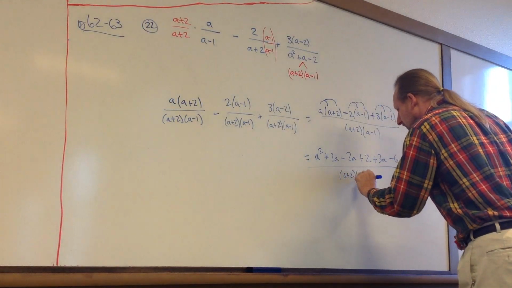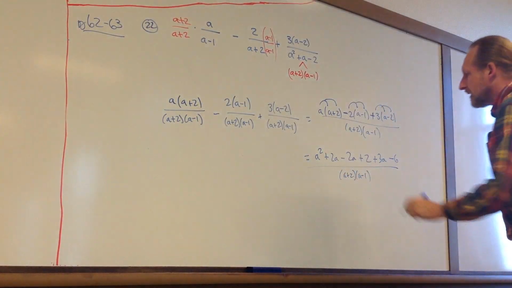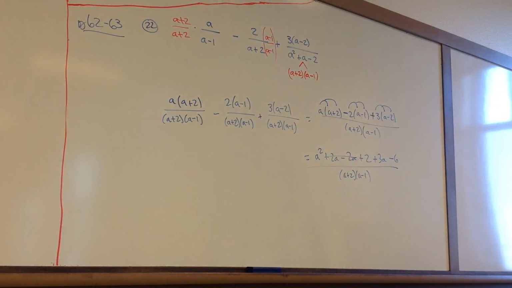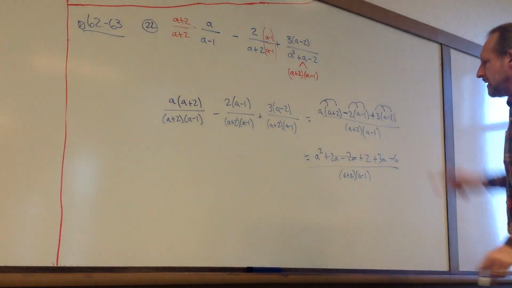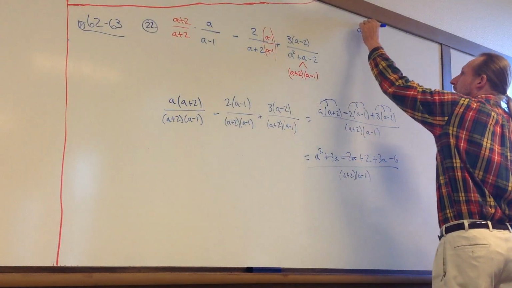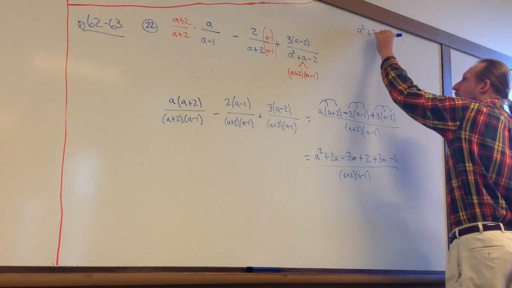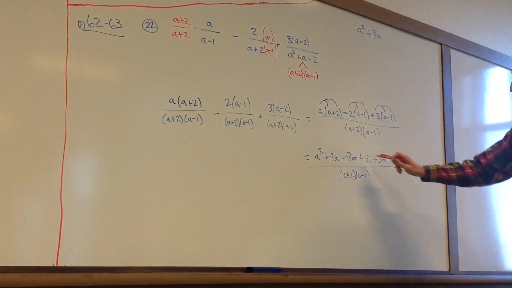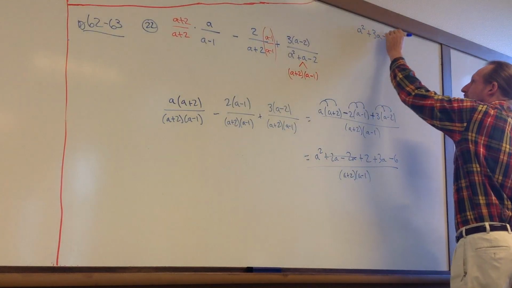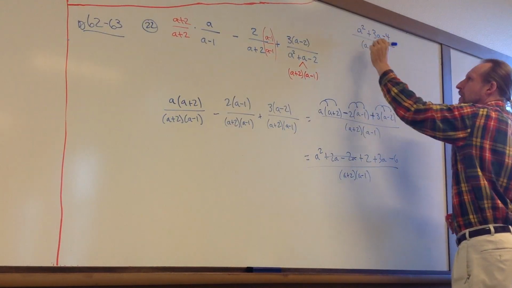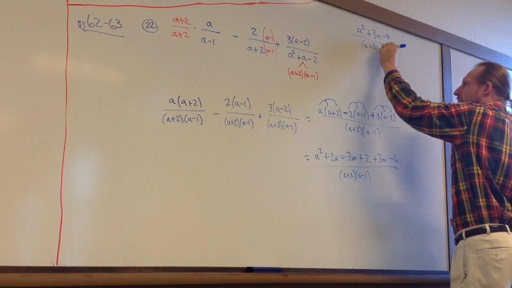And the denominator stays the same. So these are going to cancel each other out, and so we're going to end up with a squared, and then plus 3a, and then negative 6 and positive 2 make negative 4. And our denominator stays the same.